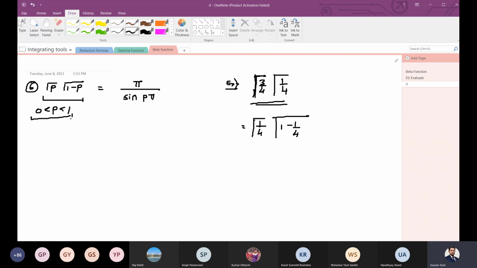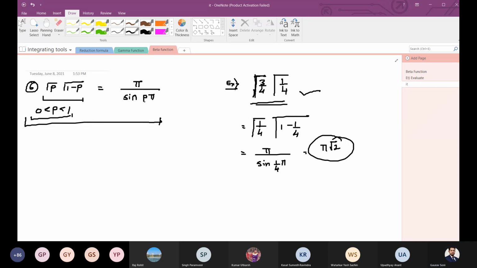If this condition holds, then and then only use this property. So this will be equal to pi upon sine 1 by 4 into pi. So sine pi by 4 is 1 upon root 2. So pi root 2. This is the answer. So this property is again very important, the sixth and the last property.